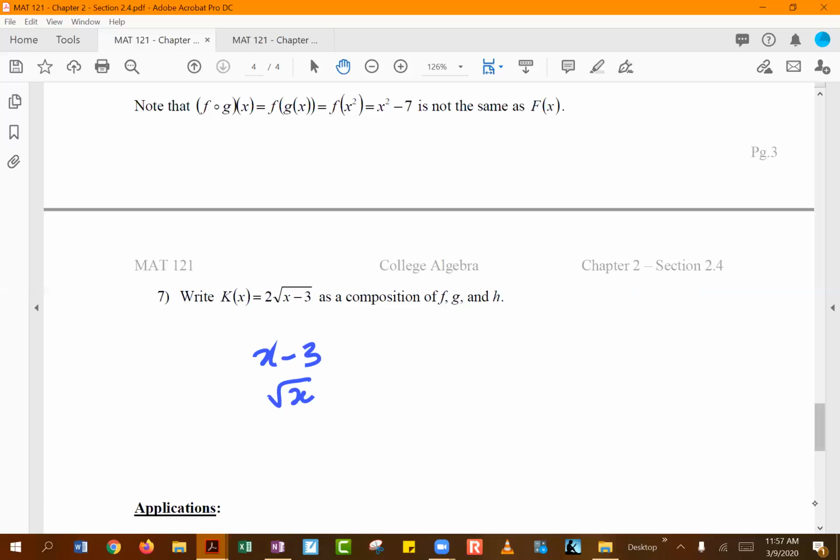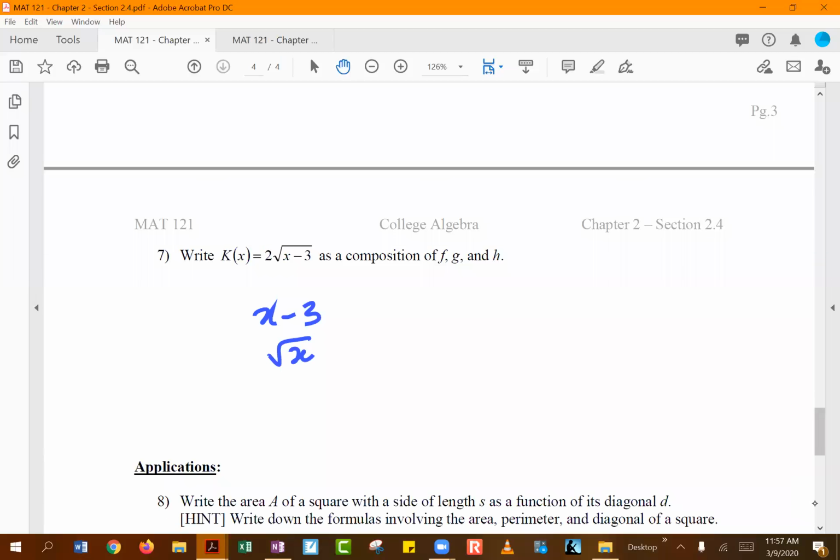And then what's the operation happening after we do the square root? Multiplying by 2. So whatever answer you get from there, you are multiplying by 2. So those are actually your 3 operations, which means all of those operations make one simple function.